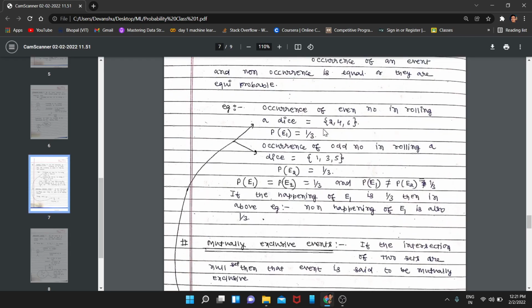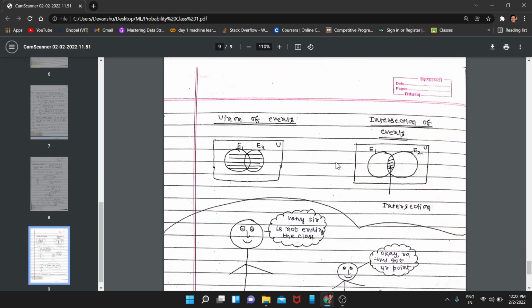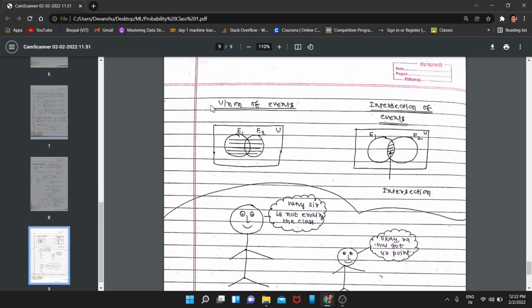E1 is 2, 4 and 6. E2 is 1, 3 and 5. If you do the union, what is union? If you look at this, this is event E1 and this is event E2. So if you add up both the events, that is known as union.